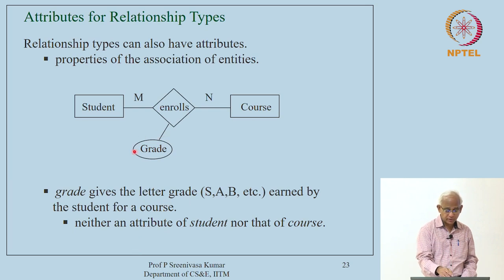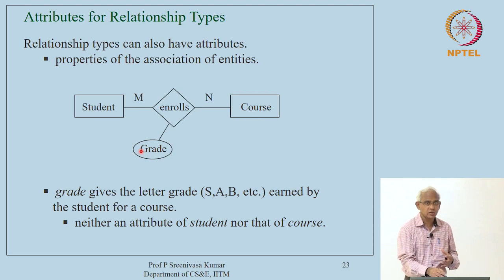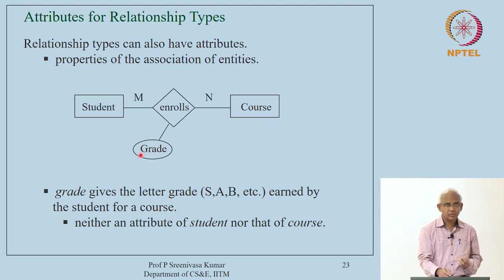You can also now see that this particular attribute is in fact the attribute of this association between the student and the course. It is not an attribute of the student alone, because the student typically takes several courses. The student entity cannot simply have a letter associated with it, because the student and the course combination is the one that has this letter grade associated with it.